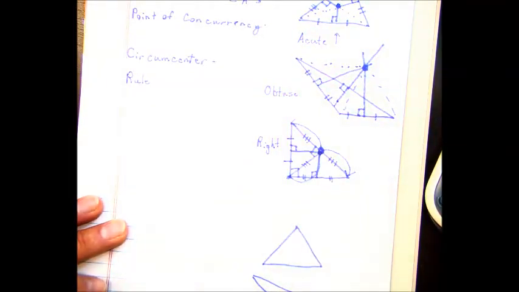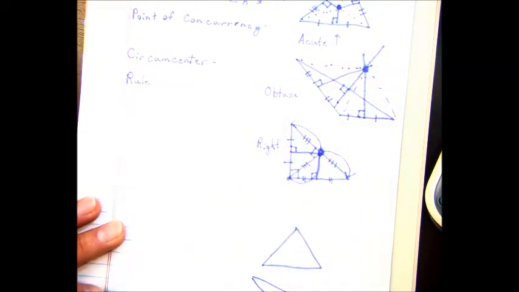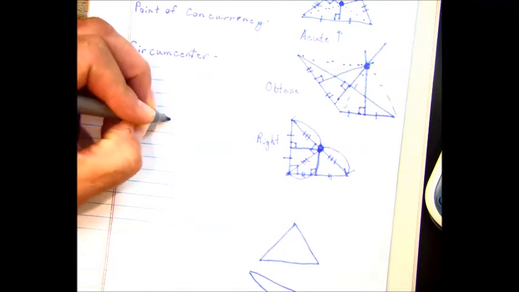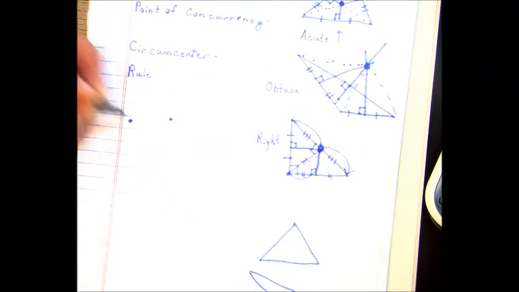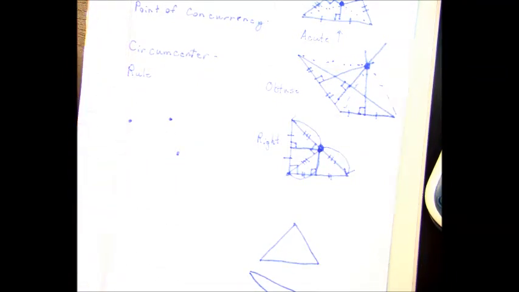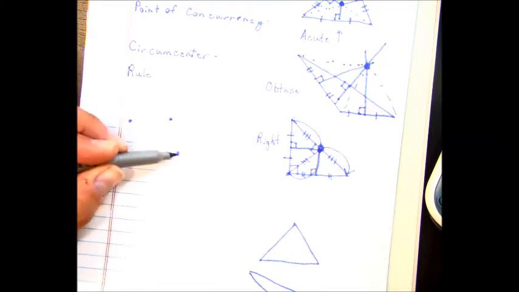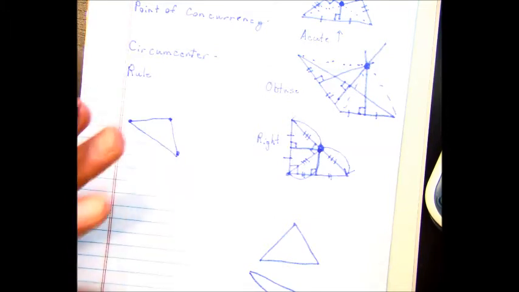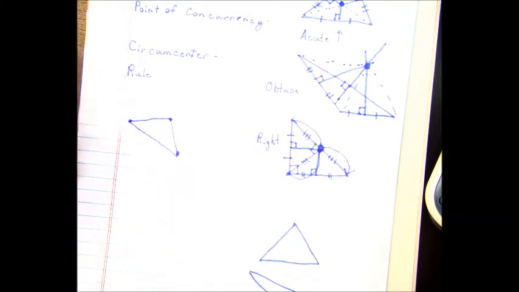This is why drawing out your picture is really important. So as I said, you have the mall, you have Chick-fil-A, and you have Countryside High School. And you need to be the same distance from all of them. If you found the perpendicular bisector of each side, and in actuality you only need to find the perpendicular bisector of two of the sides.